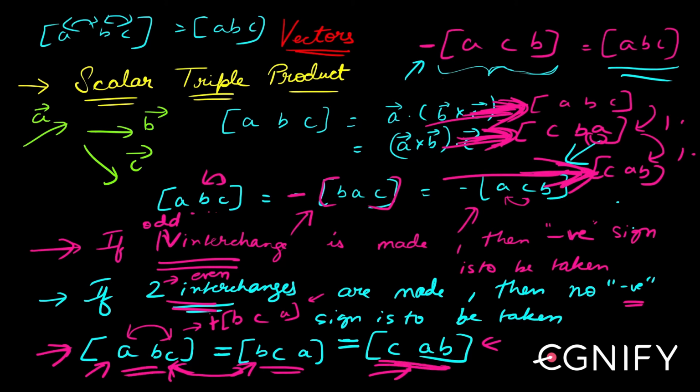But if I make an odd number of interchanges, something like if I just end up changing B and A, then this interchanged box product will be the negative of this original box product. Alright, so this was the entire motive of explaining you this. Let's move on to finding the scalar triple product when vectors are given in their component forms.